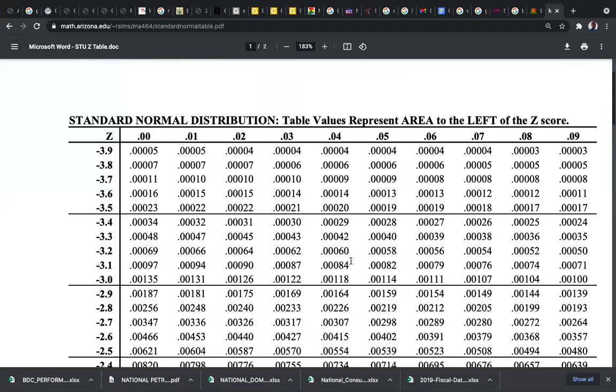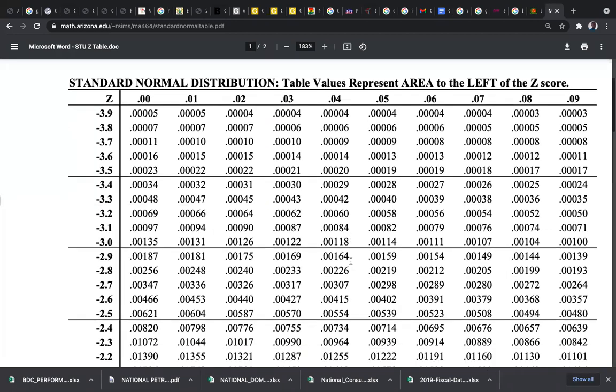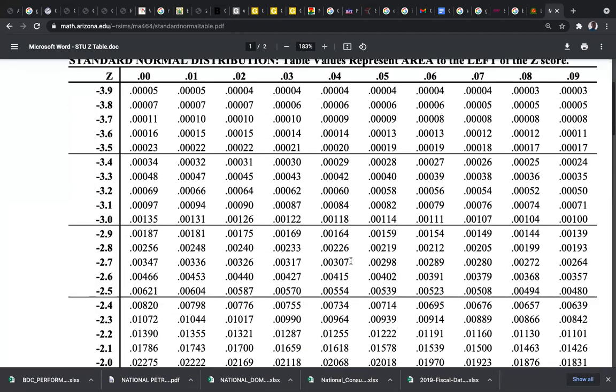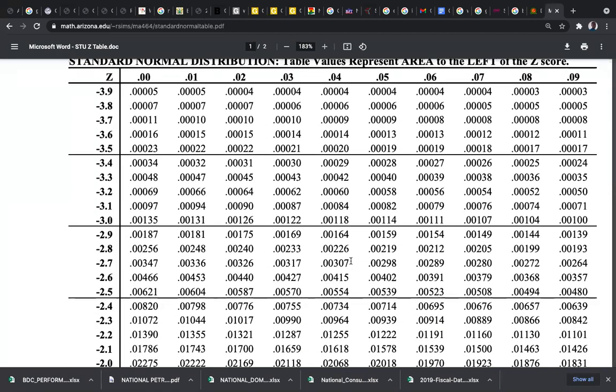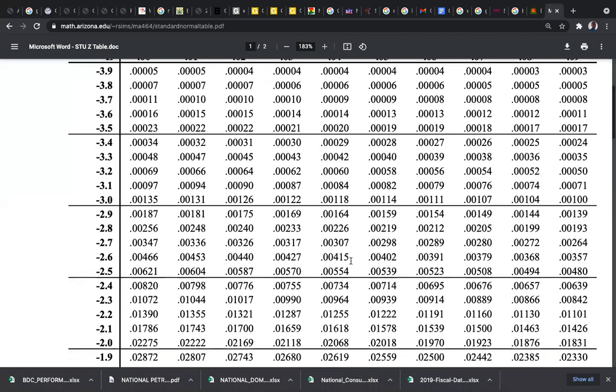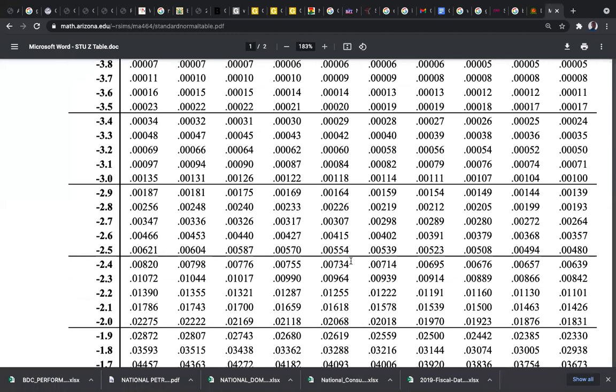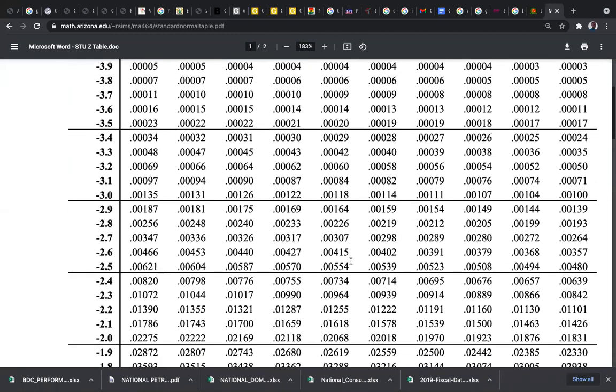We are looking for the critical value, the z value that will correspond with the 0.05. So we'll look in the pool of numbers for 0.05 and then trace it to the Z horizontally and vertically. Let's look for a number that is either 0.05 or very close to 0.05. Okay, so let's see.